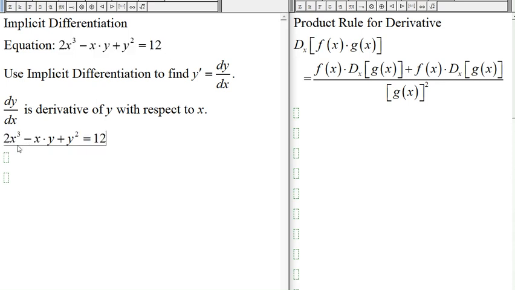So once more, this term does not have a y, and this term does not have a y, so we just do the regular derivative. The reason we're doing the regular derivative here is that we're differentiating with respect to x.